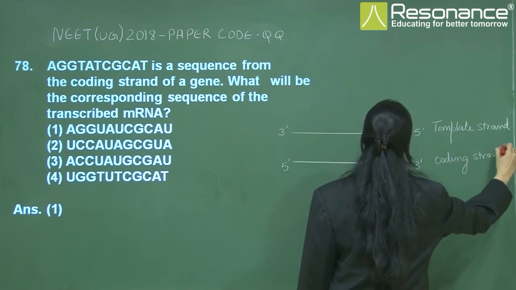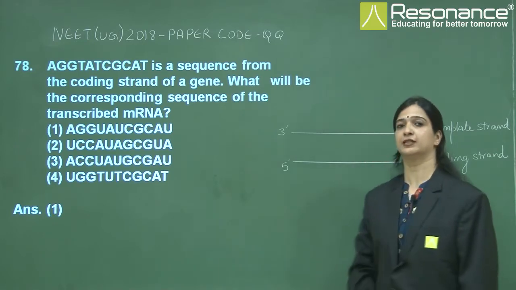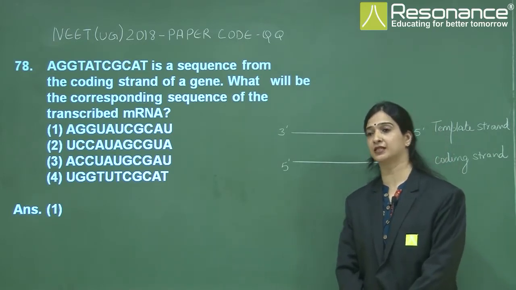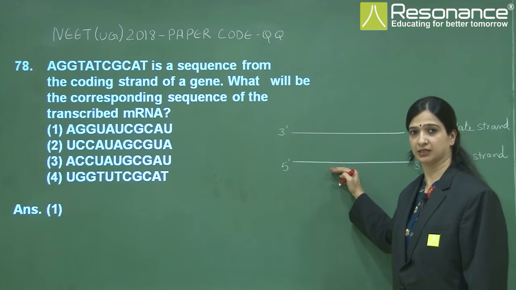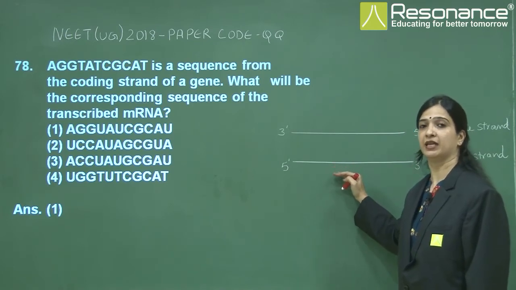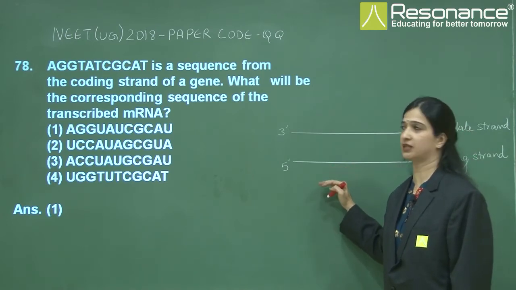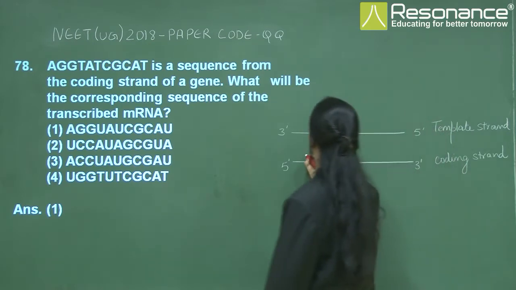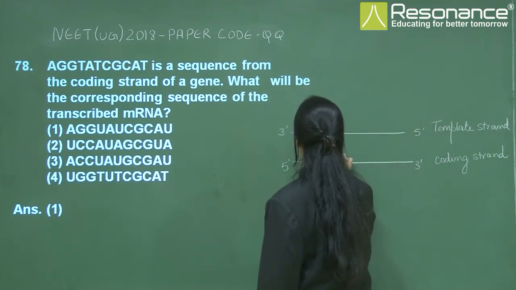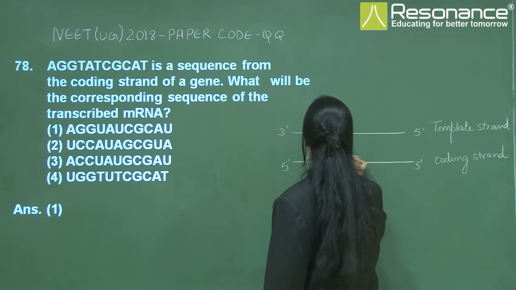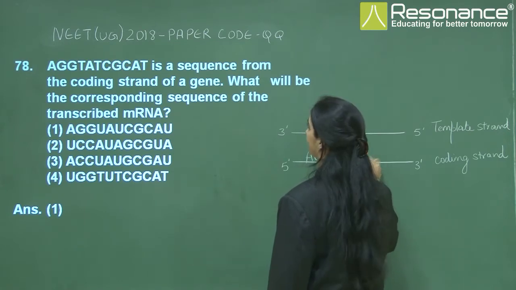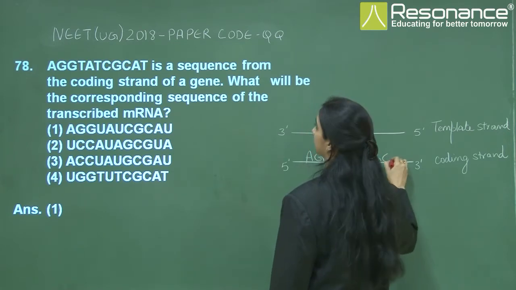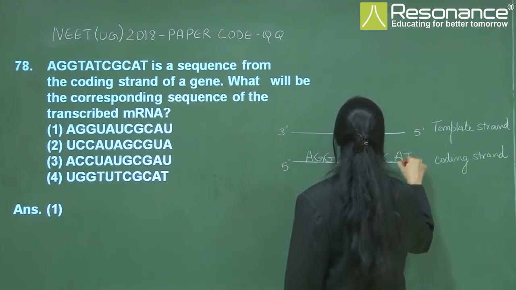It is also known as the sense strand because the messenger RNA which will be synthesized will be similar to this, but it will be having uracil in place of thymine. So here the sequence of this strand is given, that is AGGTACGCAT.